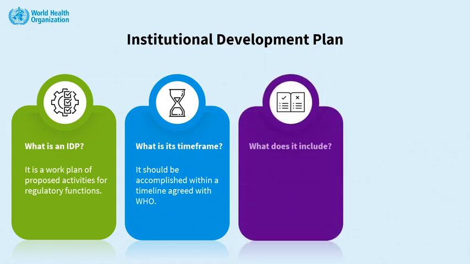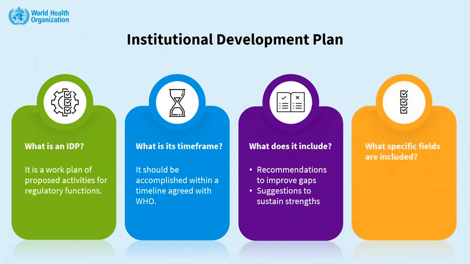It consists of recommendations aimed at addressing the identified gaps and suggestions on how to sustain strengths. The IDP includes specific fields which state the priority, milestones, and deadlines for the activities, the responsible institutions and officers accountable for implementing them, and the estimation of the funding required, along with the potential sources for the same.